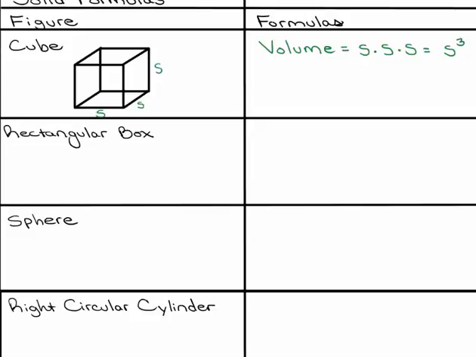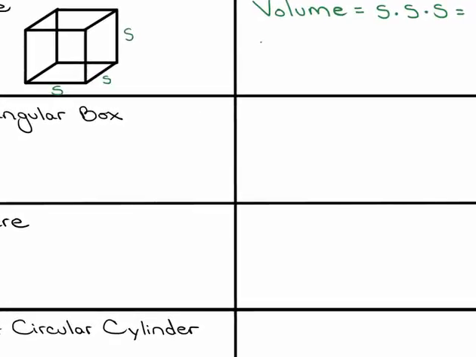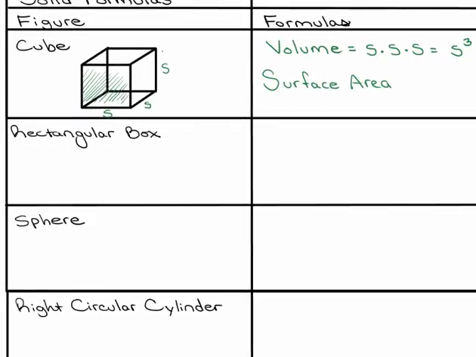All right, surface area. Remember, surface area is actually measured in square units, even though this is a three-dimensional shape, because we're basically just talking about the flat areas, the flat sides all around the outside.